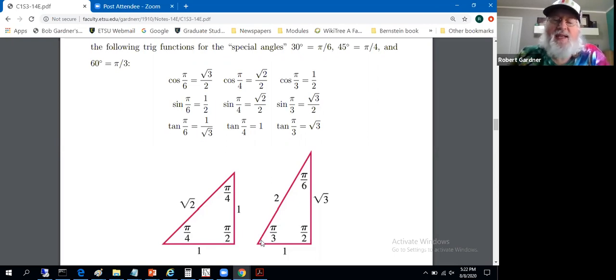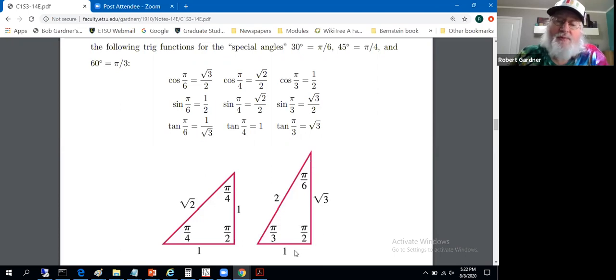If I take an equilateral triangle, all sides are the same length, all angles are the same measure, that'd be 60 degrees or pi/3 radians. If I take an equilateral triangle and cut it in half, that'll produce this. So that's where that comes from. Being an equilateral triangle, I know that this side will be half the length of what's the hypotenuse in this little right triangle.